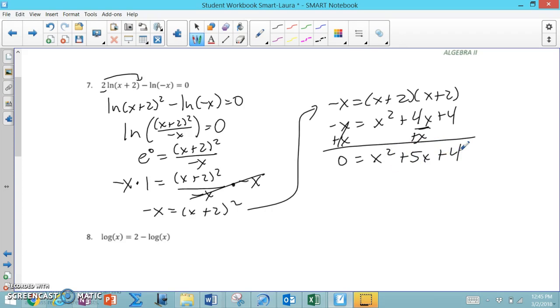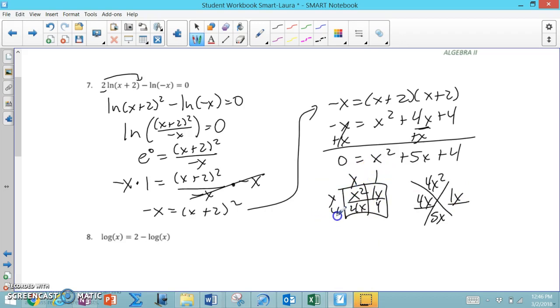And now this is a good reminder of sometimes we have a quadratic. We check for the greatest common factor. There isn't one. Now I use the x box method. So in my box, I have x squared and 4. 4, x squared, 5x. 2 things that multiply to get the top, add to get the bottom: 4x, 1x. And then I pull out my GCFs of every row and every column.